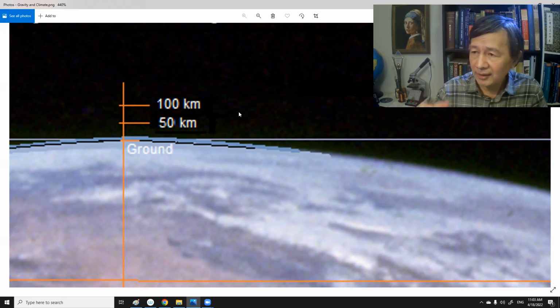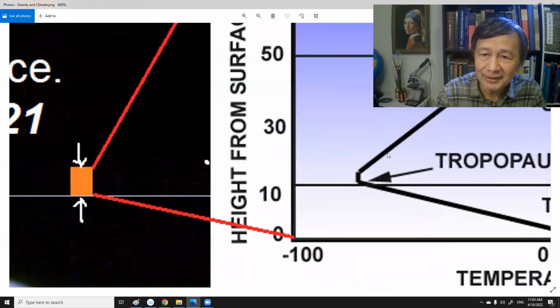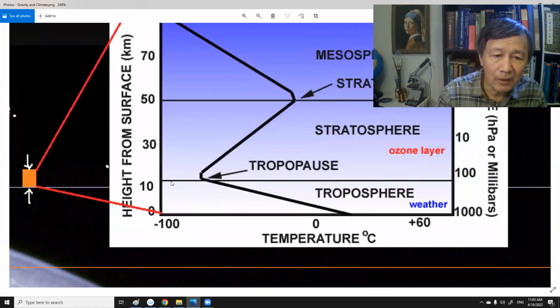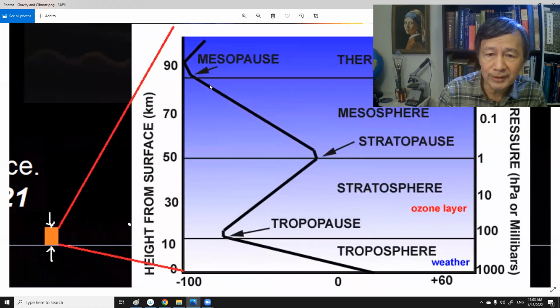Our troposphere is actually less than 10 kilometers. Can you imagine? You can hardly see it. Or perhaps I can use this diagram. This orange spot represents that 100 kilometers height or altitude.